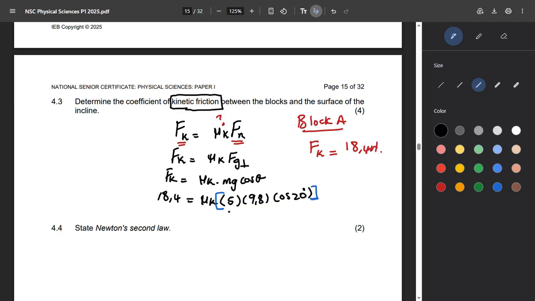So I'm going to say therefore my UK will be 18.4 divided by 5 times 9.8, and then the cos of 20 degrees, and then you'll find your UK and see what that equals.